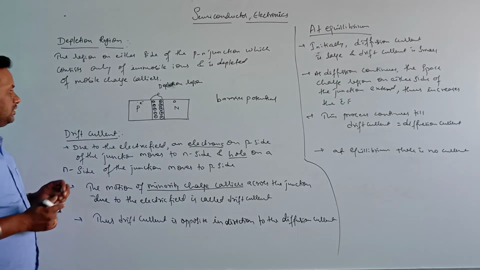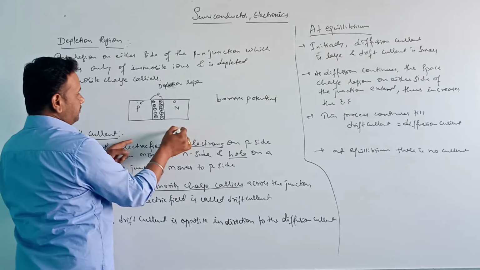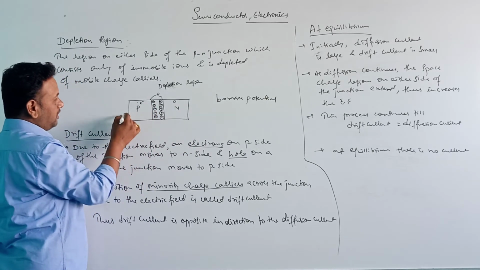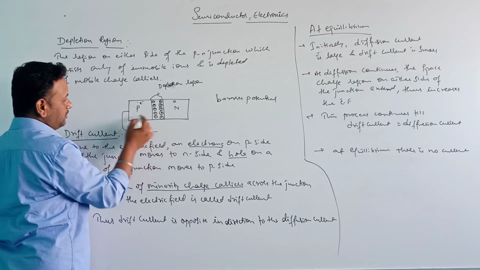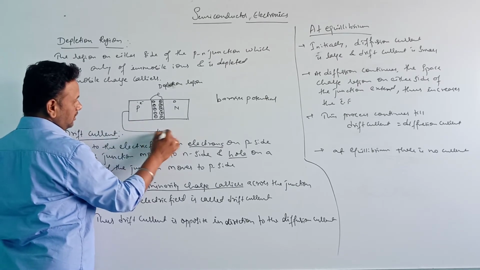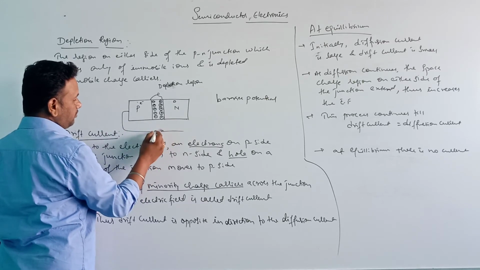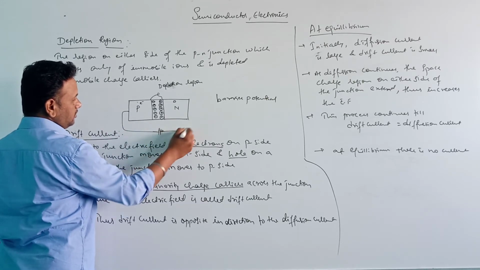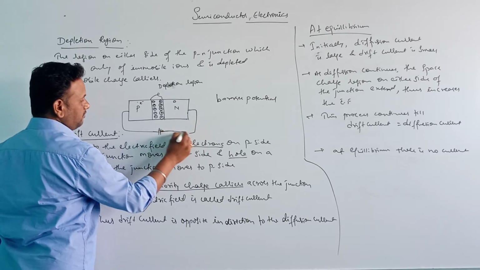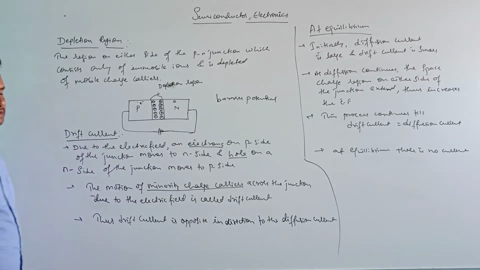Okay, so when we are applying some electric field, say for example we are applying electric field here. This P region is positive, and say for example we are connecting some battery or a cell here.